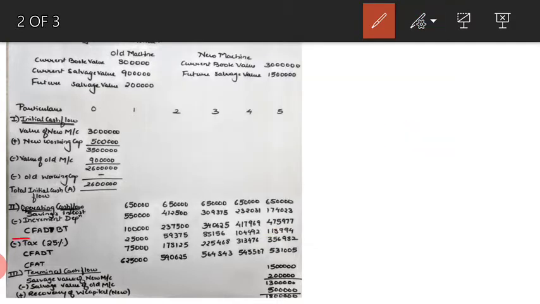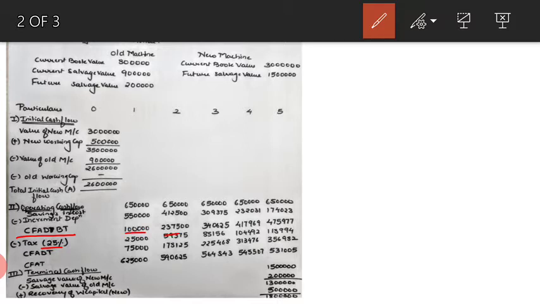So we have deducted depreciation. So what do we get after deducting depreciation? We get cash flows after depreciation but before tax, because we have not yet deducted tax. Now the next step is deduct tax. Now how much is the tax rate? Tax rate given to us is 25%, which we have seen in the question. So 25% on what? 25% on CFADBT, that is cash flows after depreciation before tax.